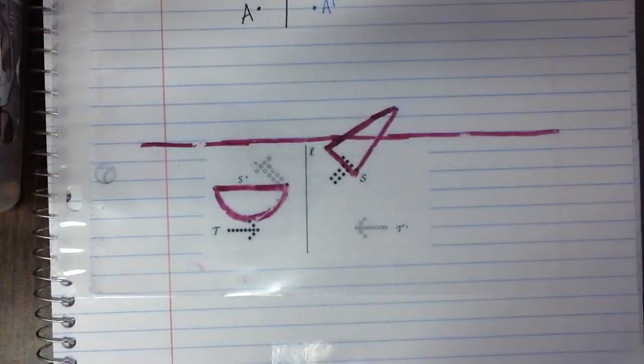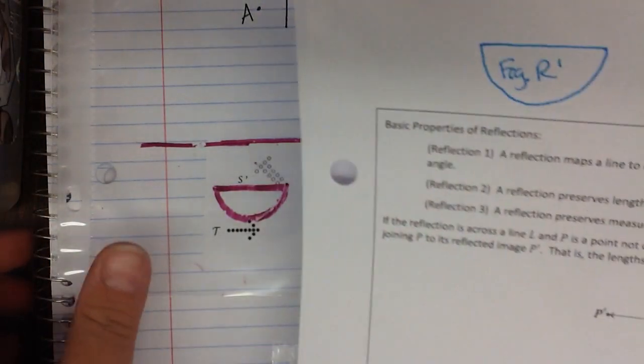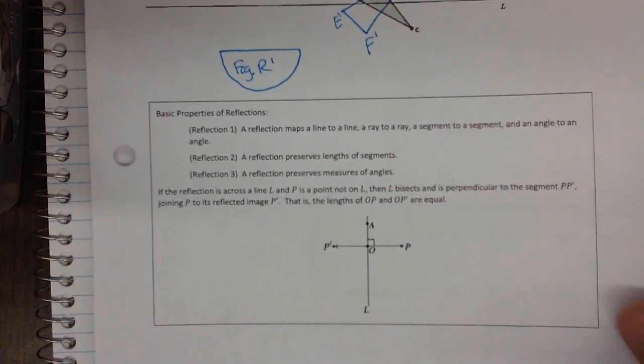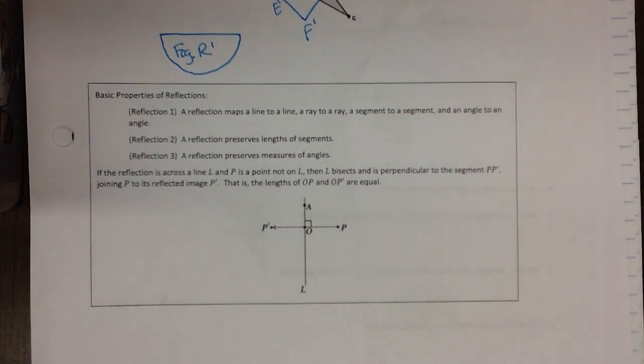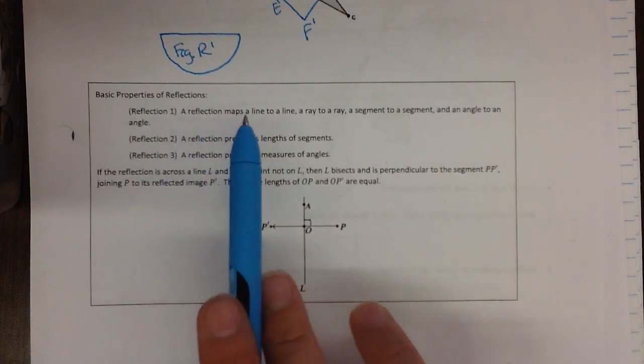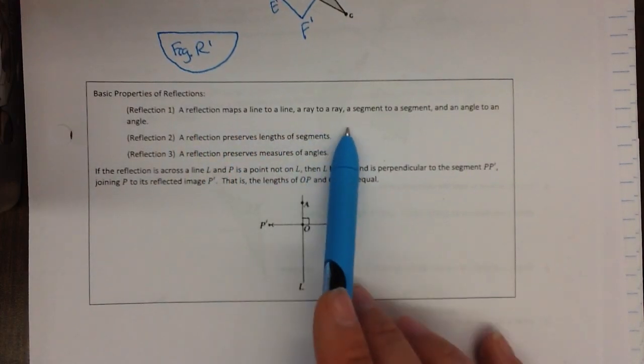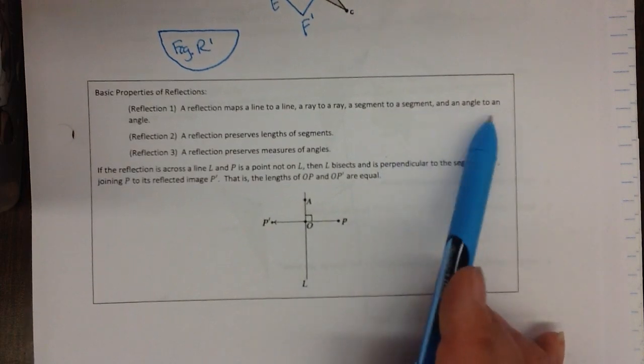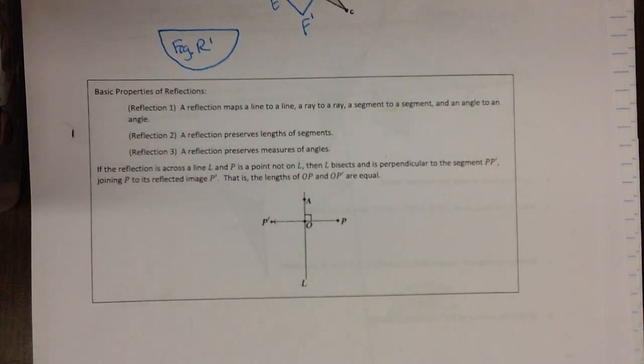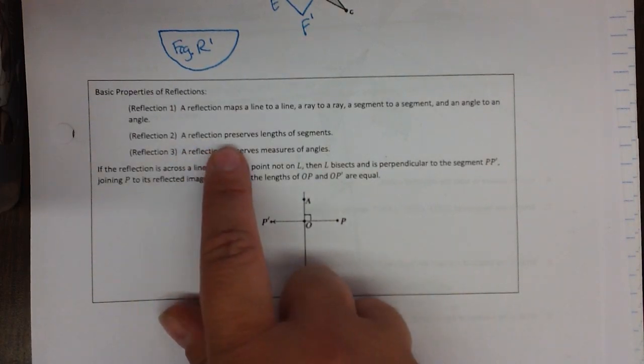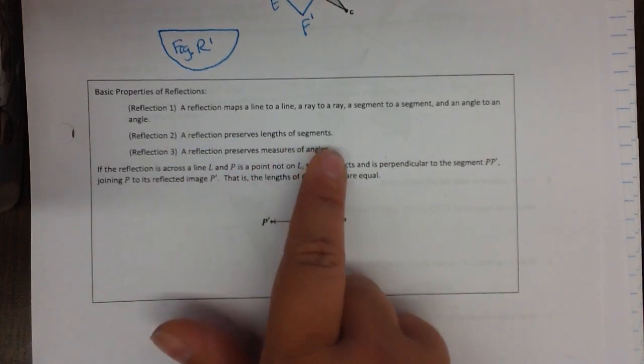Now we have a summary real quick. After doing some of these reflections, we learn the properties. A reflection maps a line to a line, a ray to a ray, a segment to a segment, and an angle to an angle. That means that when you do a reflection, whatever it was originally is what it ends up as. The second property is a reflection preserves length of segments.